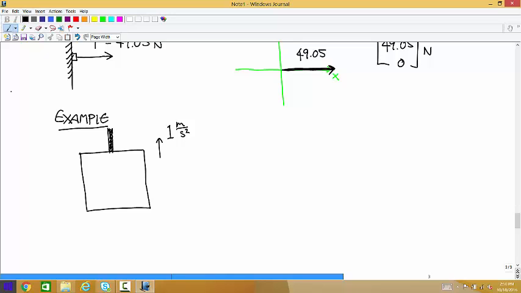And inside the elevator, you have a 2 kilogram mass hanging from a cable. What's the tension in the cable?